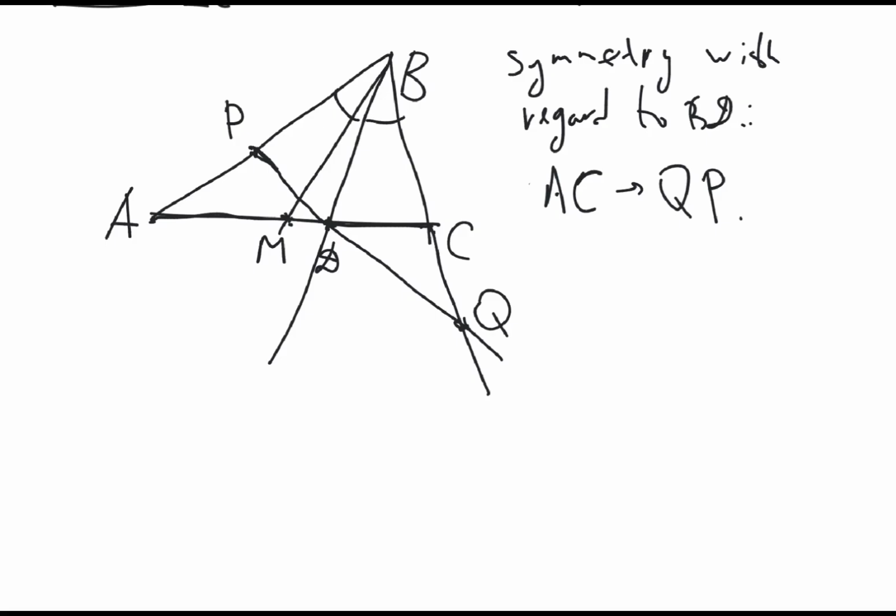Now, under this symmetry, the point M is mapped to a certain point, let's call it M prime. Earlier we denoted another point by M prime, but it doesn't matter, we will not use it.